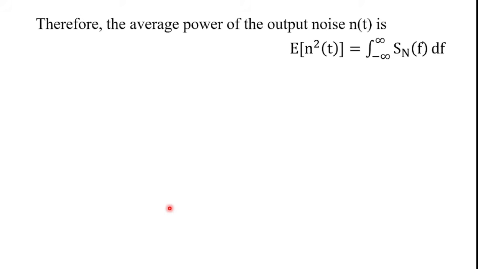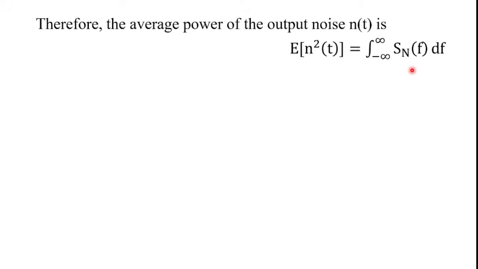Therefore, the average power of the output noise is the expectation of n square of t. So the expectation of n square of t is the integral from minus infinity to infinity of Sn of f into df. But Sn of f is equal to N naught by 2 magnitude of H of f whole square.